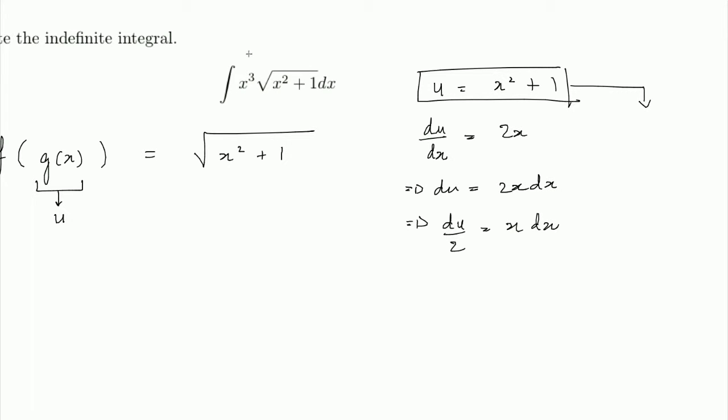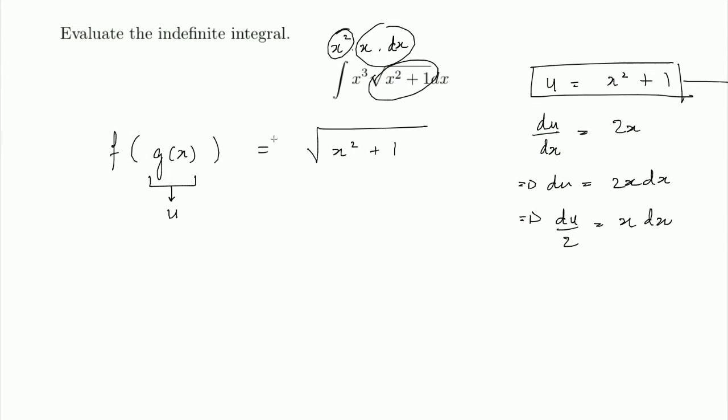We've taken care of one x, and we've taken care of the dx. So what we have left is the x squared. So I'm going to try and isolate x squared over here. Well, pretty simple. That's just equal to u minus 1. Okay, no big deal. So now we have x dx, and we have x squared, and this term is taken care of by the substitution.